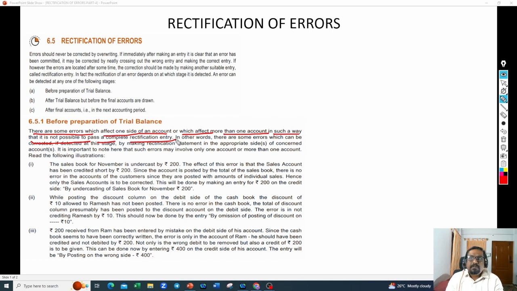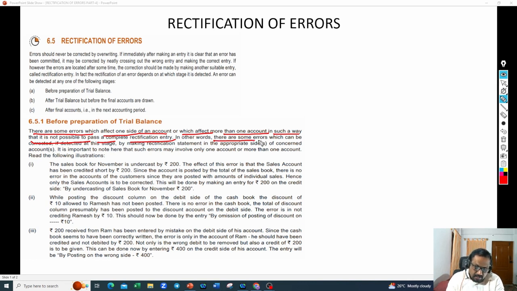There are some errors which will impact multiple accounts as well. But you need to understand how that error got impacted, and you will not be in a position to pass a complete rectification entry. What do I mean by a complete rectification entry? That is something which I am going to explain, right?